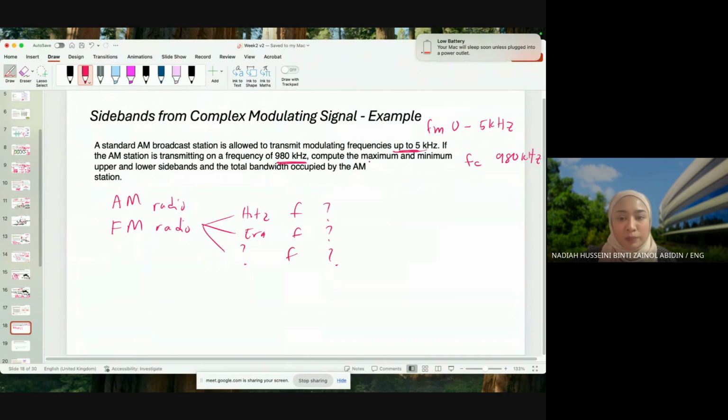Compute the maximum and minimum upper and lower sidebands and the total bandwidth occupied. So it's asking for USB, LSB, and B occupied by the AM station.